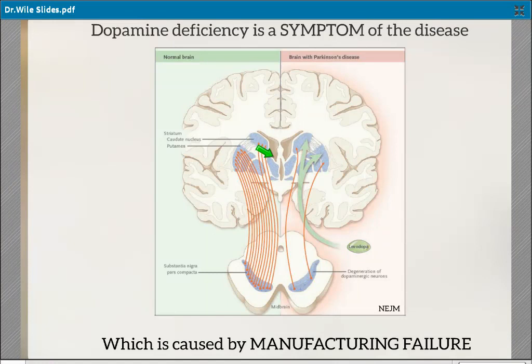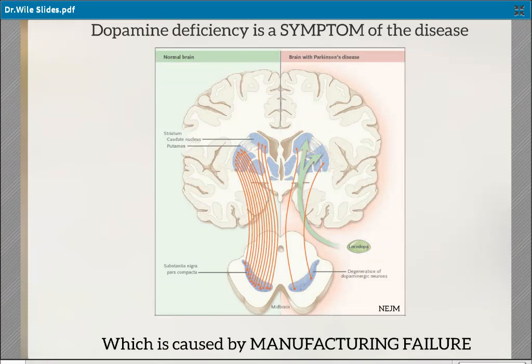So these blue areas here are little parts inside the brainstem. The brainstem is like the trunk of the tree for your brain. It's at the back, deep inside. And in the brainstem, you have this little stripe of darkness that is called the substantia nigra. And that's where the dopamine cells actually live.